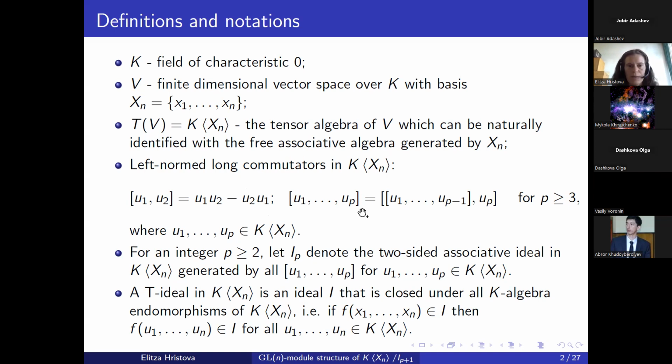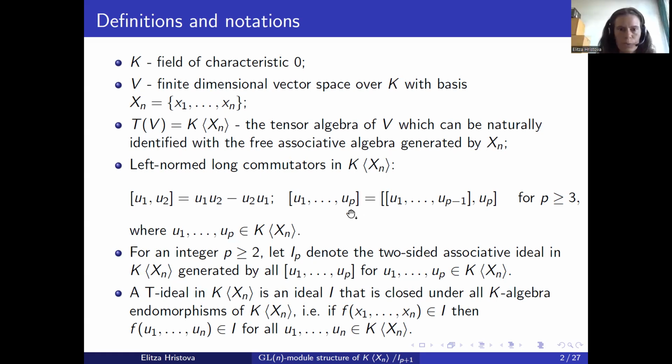So p in our talk will denote a positive integer, not a prime number. Okay, so we define long commutators, and by I_p we will denote the two-sided associative ideal in K of Xn, which is generated by all commutators of length p.